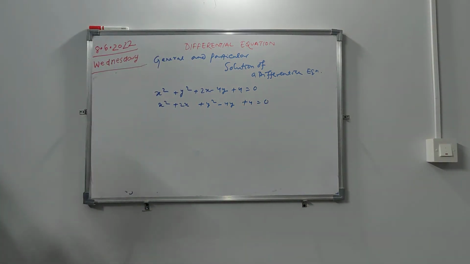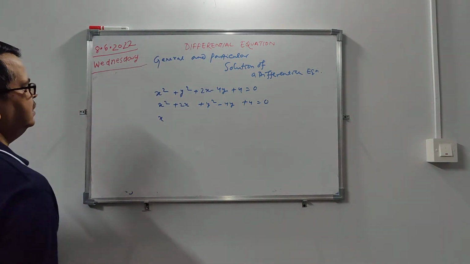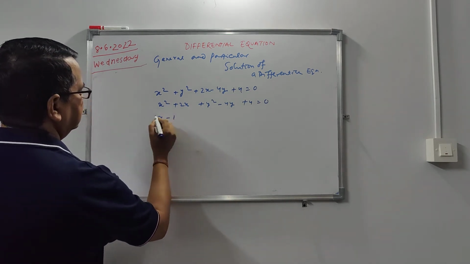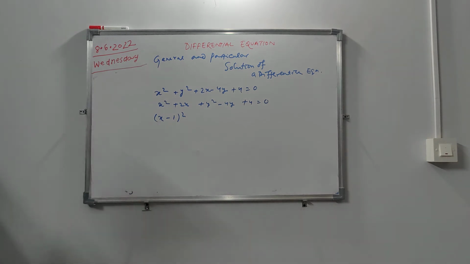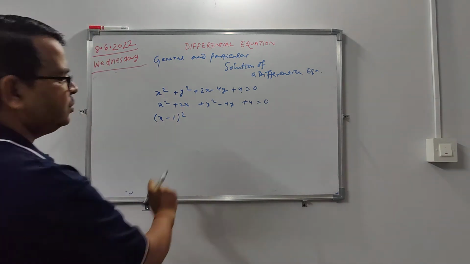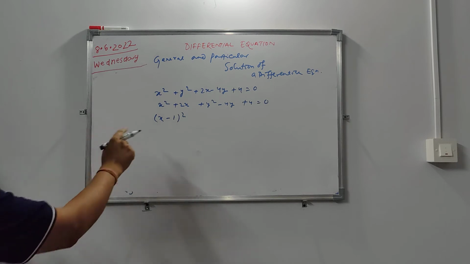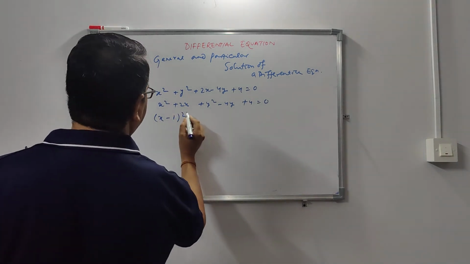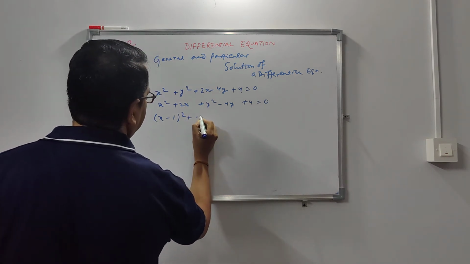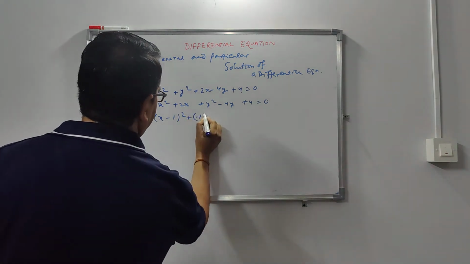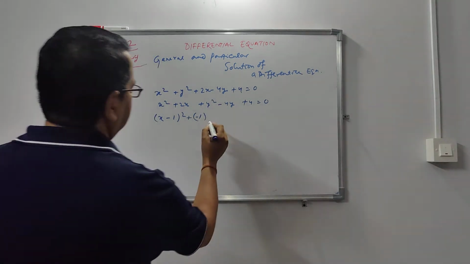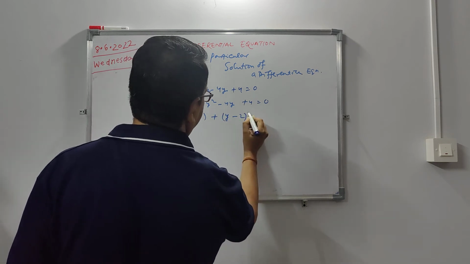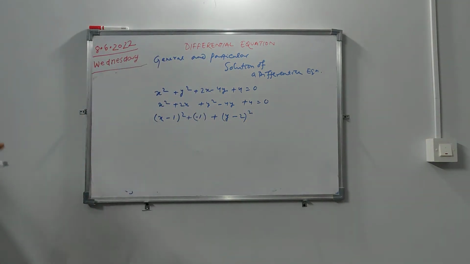When you write it like this, you can write it as x minus 1 whole square, because it becomes x square plus 1 minus 2x. So minus 2 into x into minus 1 becomes minus 2x. We have additionally added 1 to it, so let us subtract 1. Then y minus 2 whole square, let us write it like this. This becomes y square minus 4y.